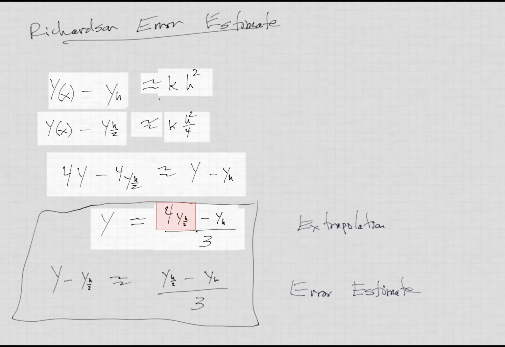You weight the new estimate 4 times, you weight the old estimate -1 time, and then divide by 3. Or you can also calculate y minus y_{h/2}, in other words, estimate the error with the improved estimate of y, and then you get the new estimate minus the old estimate divided by 3. So that's Richardson's error estimate.